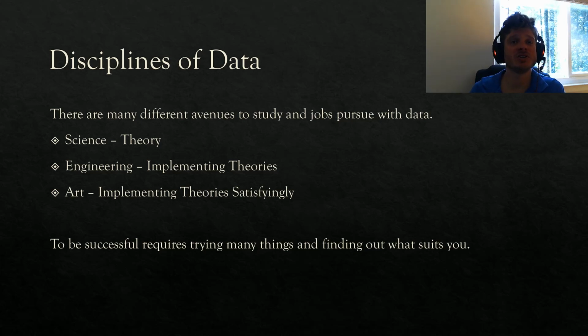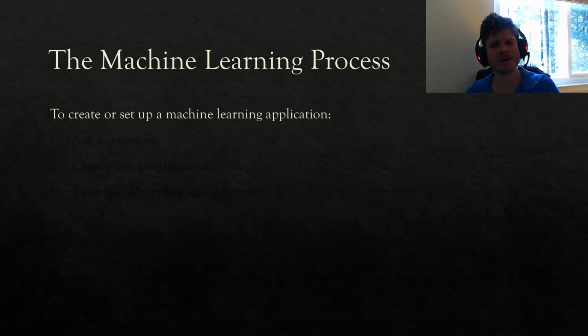What kind of industry? Or maybe it's the public sector. What would I like to do? What would I like to be a part of? And try to make that part of your plan as you continue on through the rest of your machine learning, data science type fields. And again, you might change your mind halfway through, but the important part is, again, we have to keep trying. Okay, so let's talk about now the machine learning process.